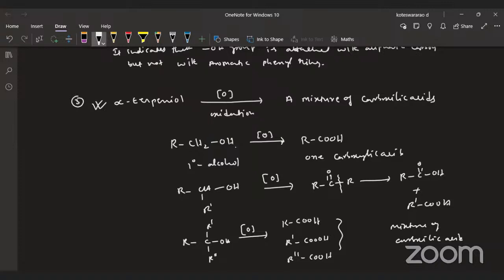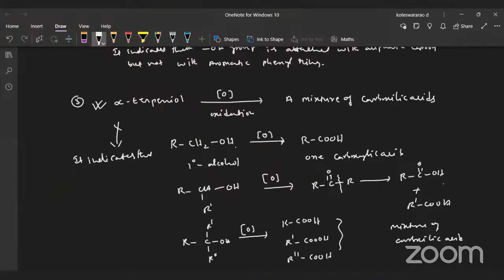Then this reaction indicates that the OH group may be... Here a mixture of carboxylic acids. But whenever we come to a secondary alcohol, it gives two carboxylic acids. Whenever two carboxylic acids are generated, we can easily find out. If more than two carboxylic acids are generated, that is called a mixture of carboxylic acids.